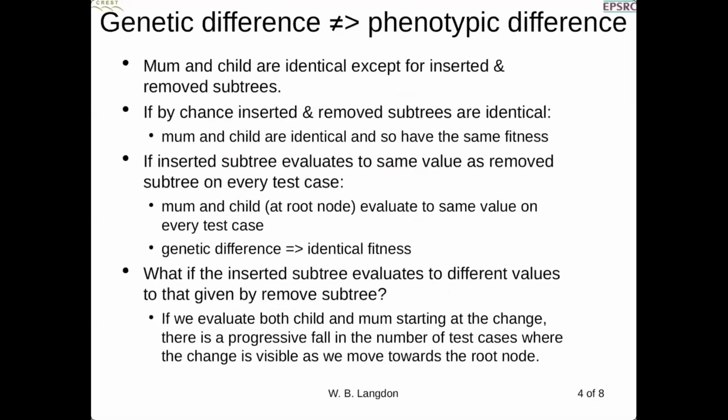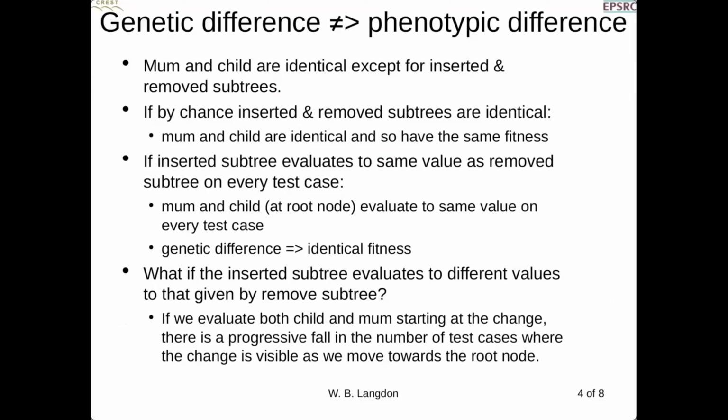If we look at parent and child, they are identical apart from the inserted and removed subtrees. So if those subtrees happen to be identical, then the parent and child will be identical, and so of course have the same fitness.